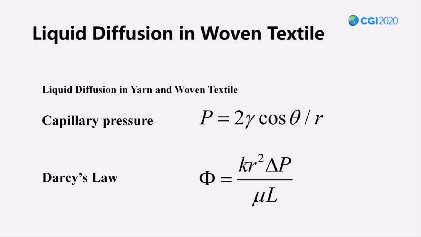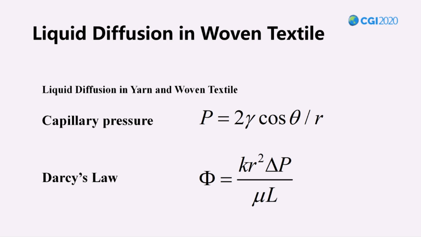Darcy's law is an equation that describes the flow of a fluid through a porous medium and calculates the flow rate. Here L is the length of the tube. Mu is the dynamic fluid viscosity. R is the radius of the tube. K is the permeability of a porous material.